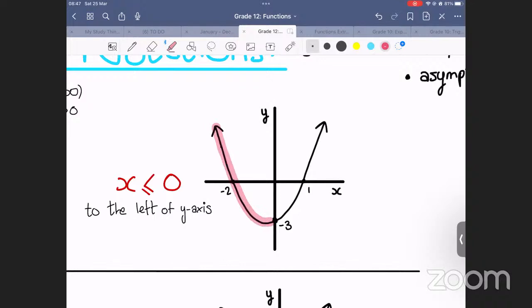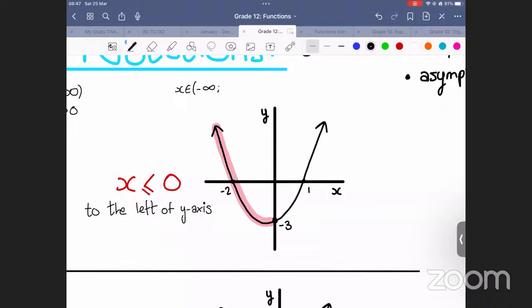Now, when we consider this highlighted region, what is the most left value of this part? So I'm going to say x is an element of. What is the most left value of this highlighted part? Negative infinity, very good. I never include infinity, so it's a round bracket.